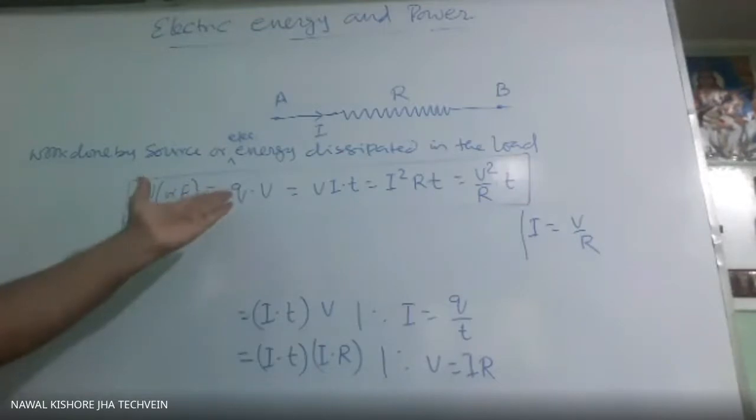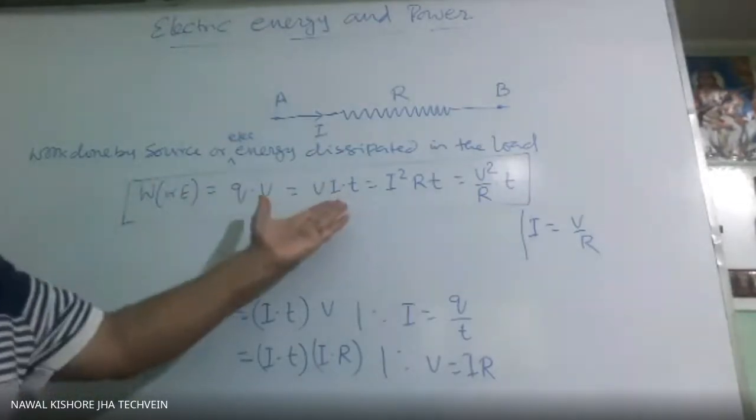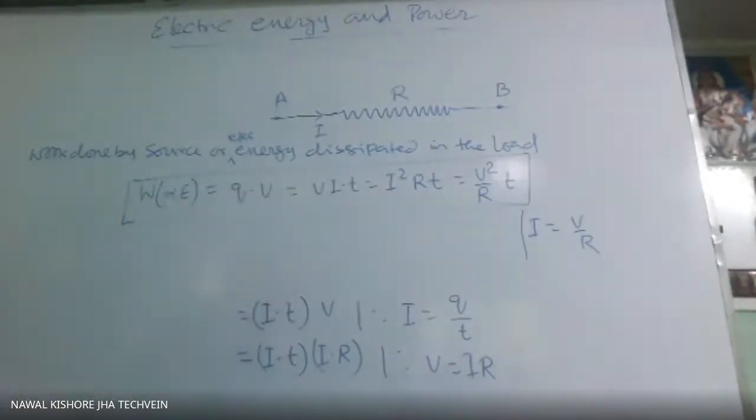Anything can be given, either this will be given or these things will be given. We can apply the formula accordingly.